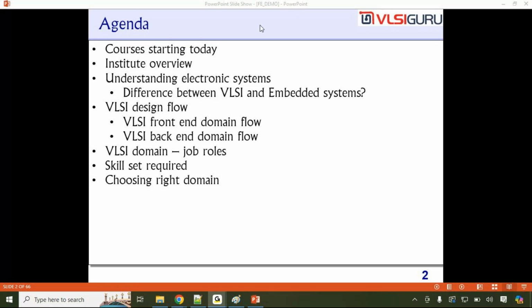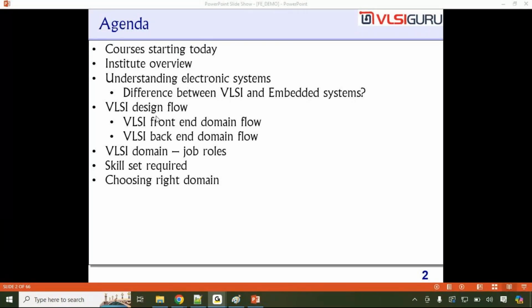So I was just talking about the agenda for the session. I was going through all these points where we'll start off with understanding the courses that are starting today, and we'll understand the institute overview. We'll also understand the electronic system, where we'll understand the fine difference between VLSI and embedded system.